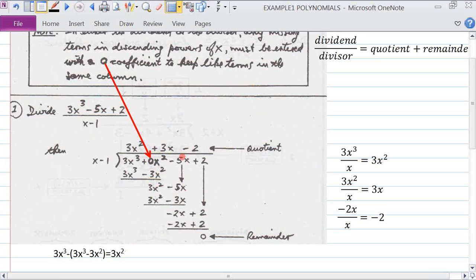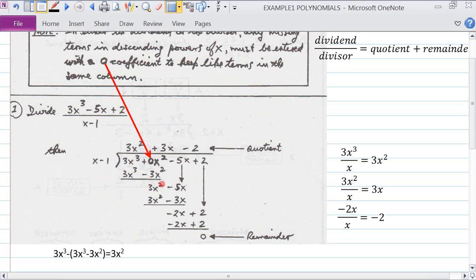I then bring down the next term, which is minus 5x. I bring that term down. I always bring down a term. So now what I do is I have this term, and I'm going to divide it by this.